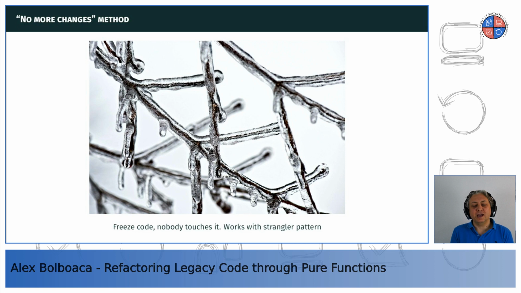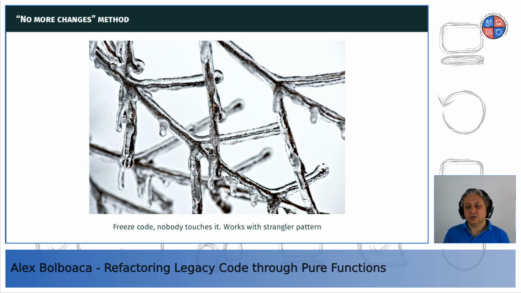And so we end up with another method, usually when a manager comes in and says, okay, stop changing that code. Whenever you change that code, something bad happens, so stop changing it and freeze it, right? We don't touch that code anymore. Which is actually not such a bad method, and it can work with a strangler pattern, which we'll discuss in a moment.